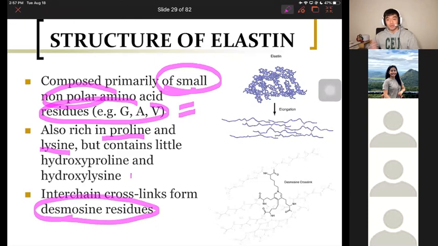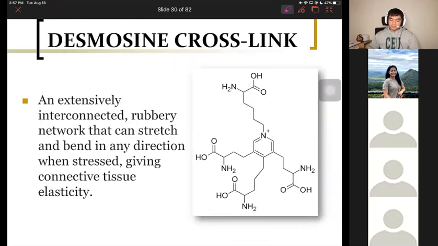That's why they are flexible. For example, glycine, right? It's important for flexibility. So for the desmosine crosslink, again, this is present in elastin. This is an extensively interconnected rubbery network that can stretch and bend in any direction and will recoil back to its original form, original appearance when relaxed.